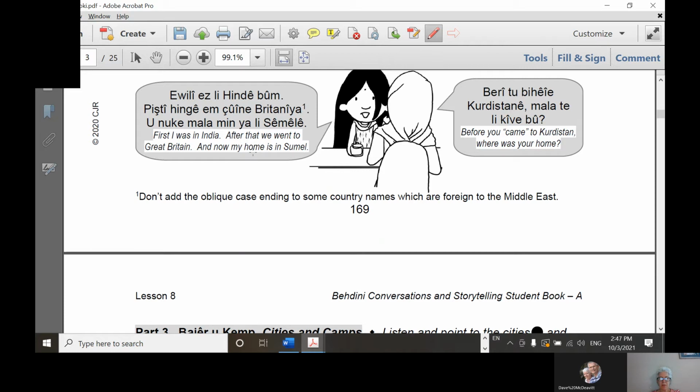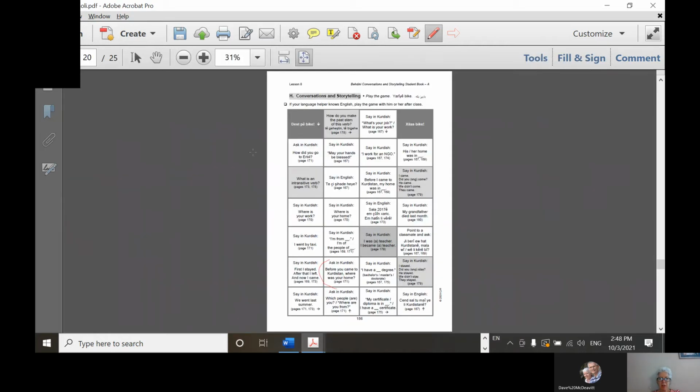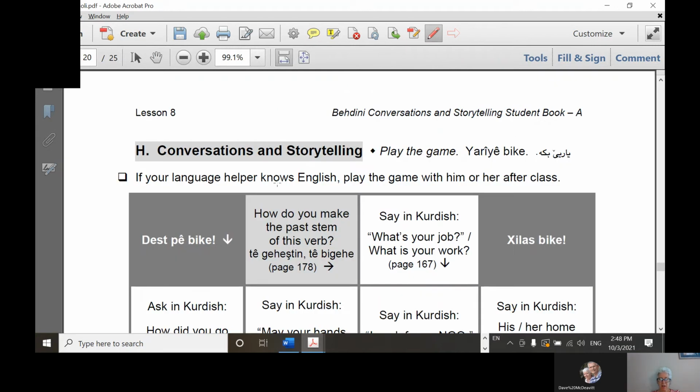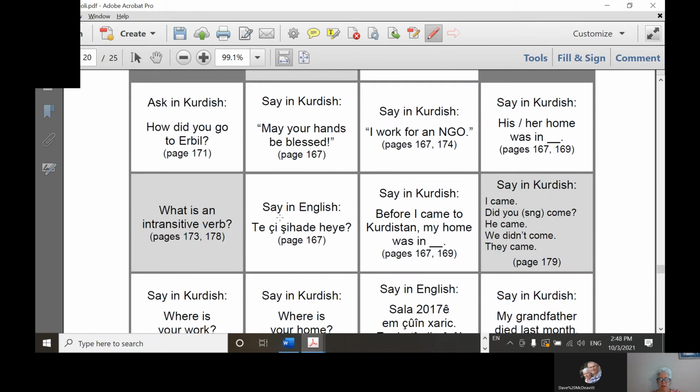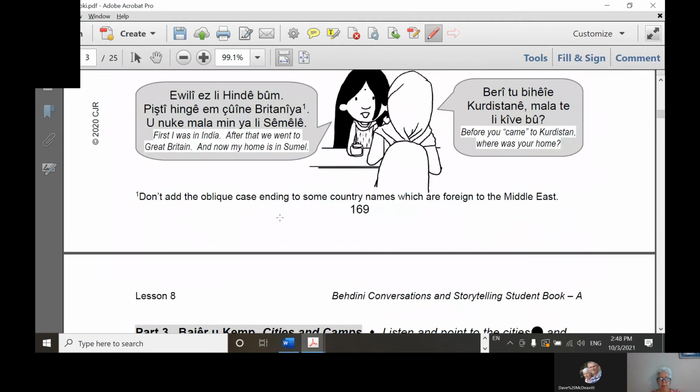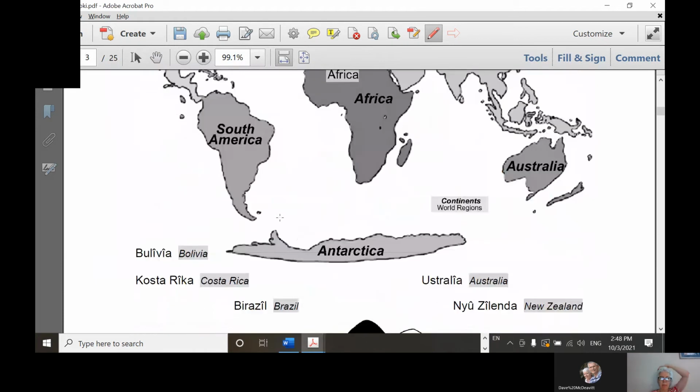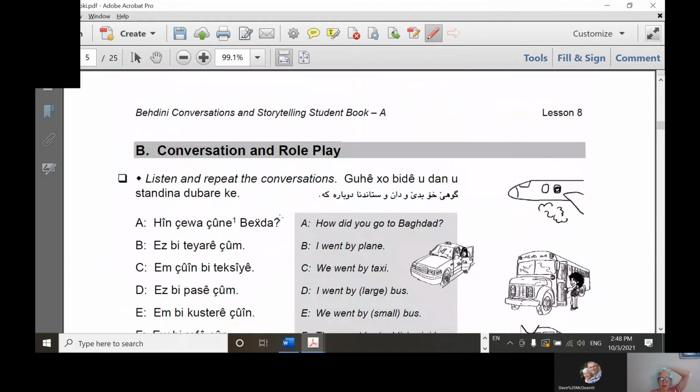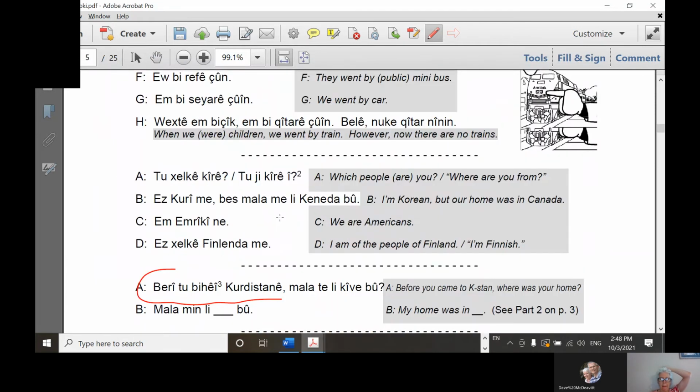That's not what I was looking for. Go back to the question. Let's look at 171. So you get your people from page 169, and then you get your question from 171. Which people are you? Where are you from? Tu khalke kire or tu kire.